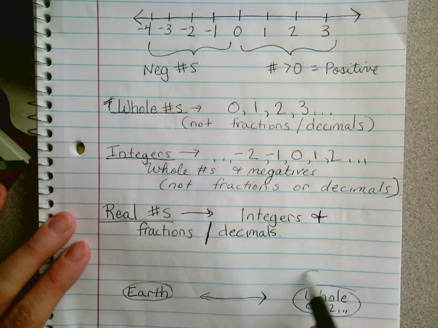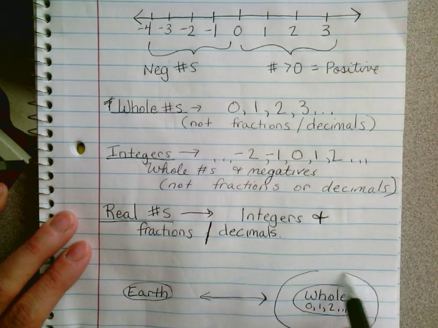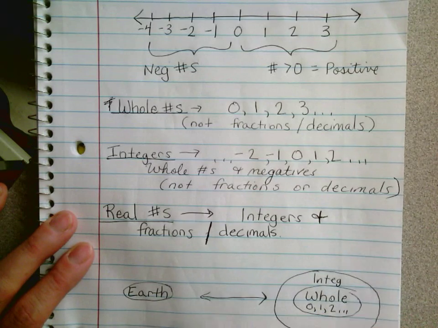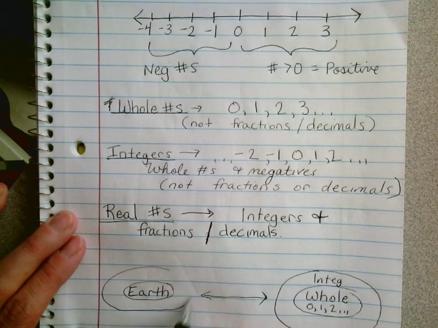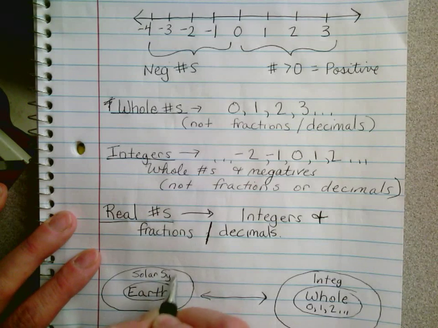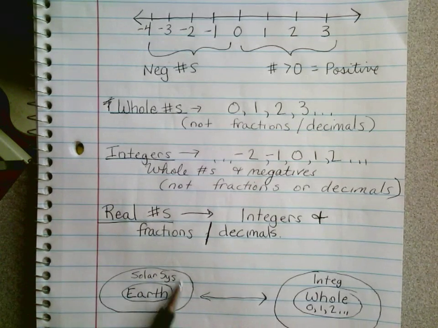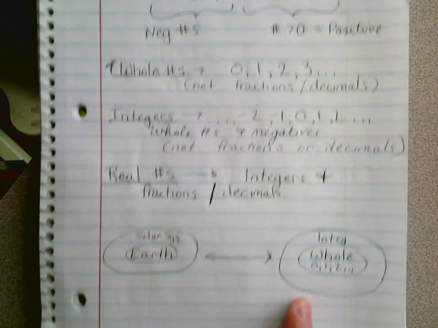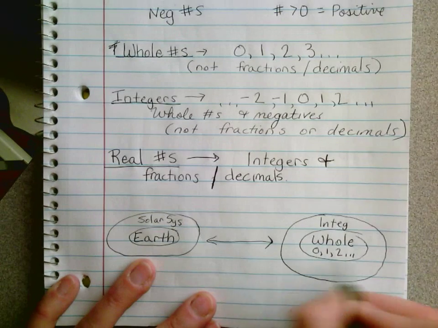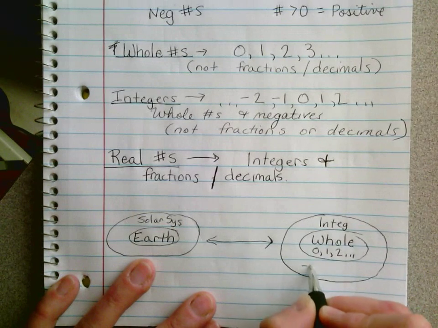Including that, though, is integers, just like our solar system includes the earth, right? So what this solar system is, it's a little bit bigger, but it does include the original thing. Okay? Integers, so whole numbers and their opposites.